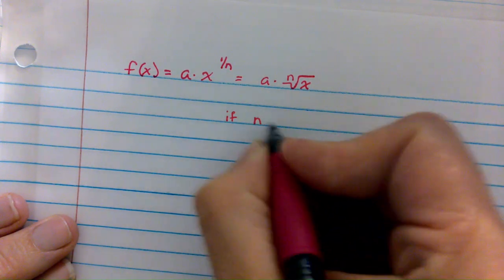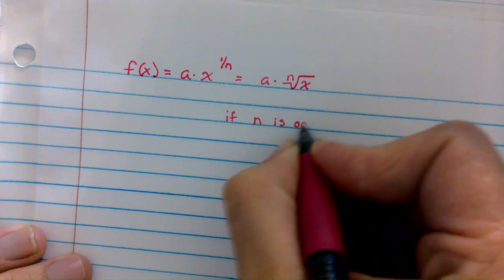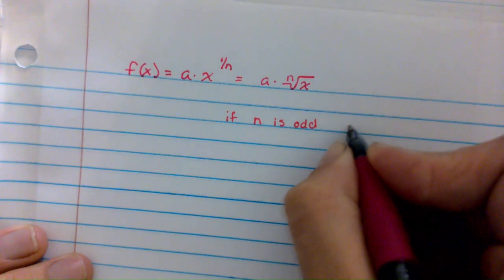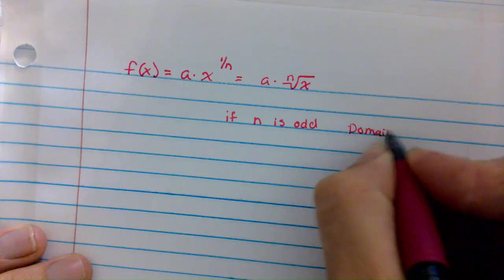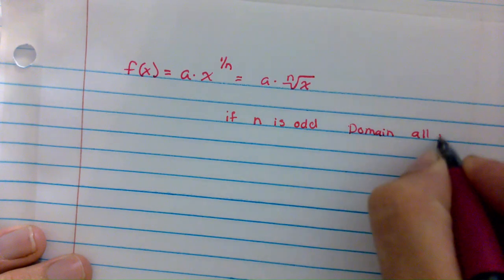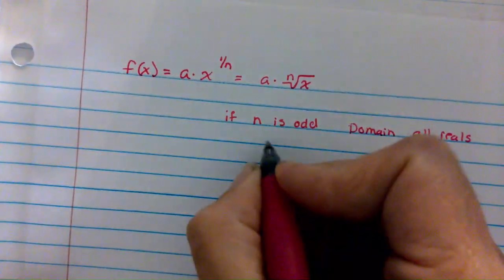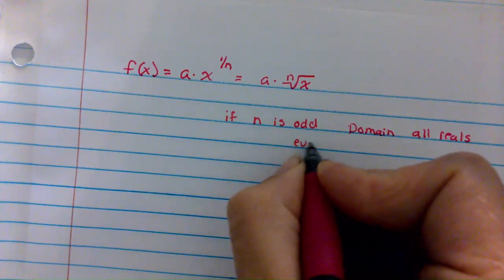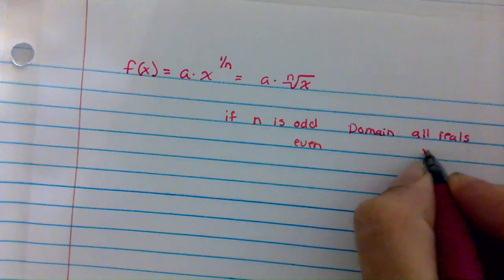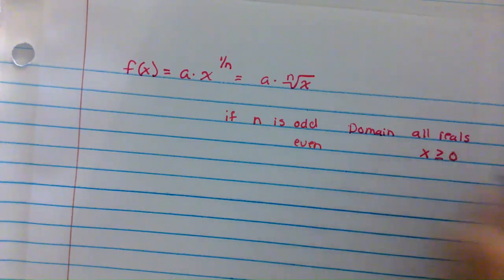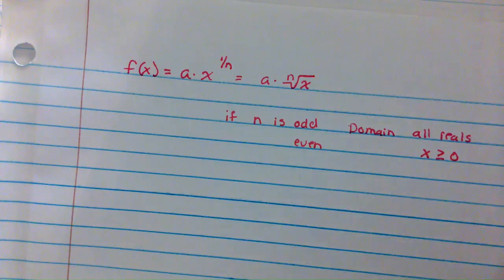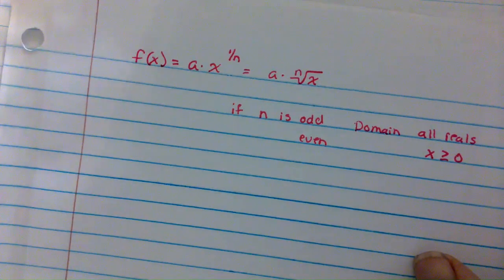If n is odd, your domain is all reals. For example, the third root, the fifth root, the seventh root, we can do that. If n is even, what's underneath the radical has to be greater than or equal to 0. So make sure you understand the difference between that, of identifying when your domain is limited.